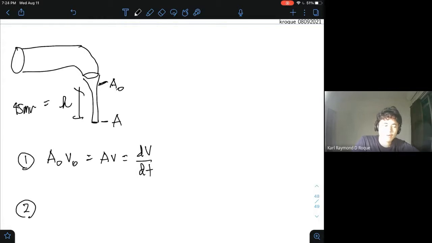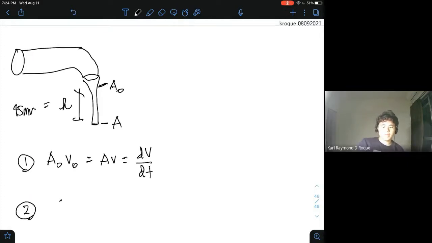Number 2, may gravity, di ba? Paano natin i-account yun? Kinematics tayo. From this point to this point, 45 millimeters, starting from V naught.